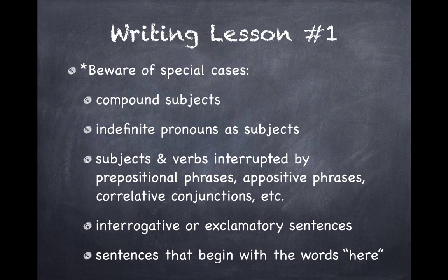So, some things you want to be aware of: compound subjects, that's when you have more than one subject together; indefinite pronouns as subjects, where sometimes you're able to tell how many or what you're referring to; subjects and verbs that might be interrupted by certain words or phrases; special types of sentences like interrogative or exclamatory sentences, and even sentences that might have weird constructions or arrangements, like sentences that begin with the words here or possibly with the word there.